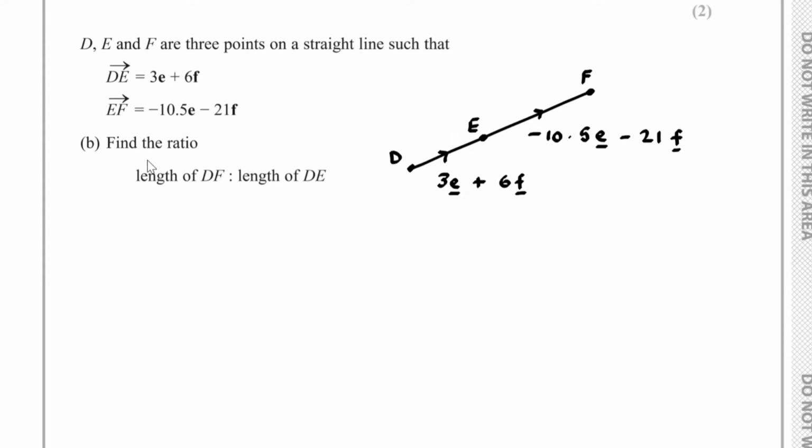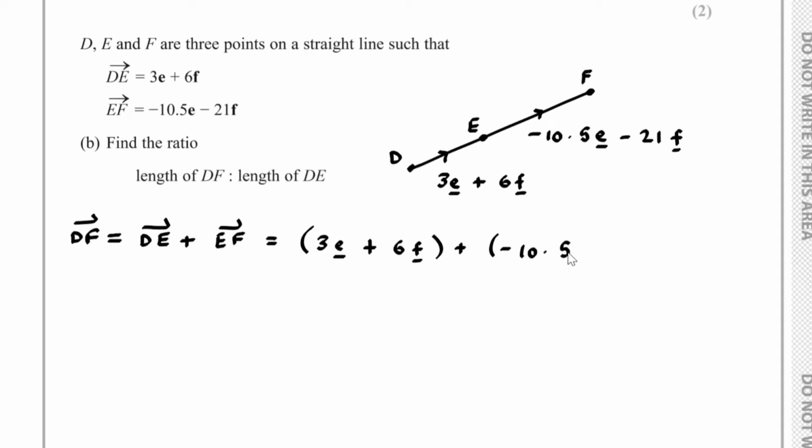What we can do is find out what DF is by adding together DE and EF. So we add together 3e plus 6f plus minus 10.5e minus 21f. And so we can therefore conclude that DF is equal to minus 7.5e minus 15f.